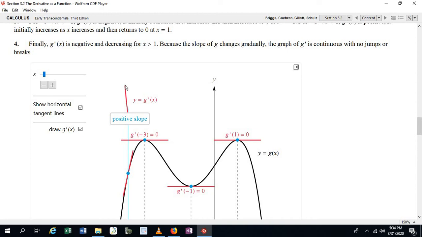So it starts off really positive, and then notice it's dropping because the slopes of the tangent lines are becoming less and less positive.